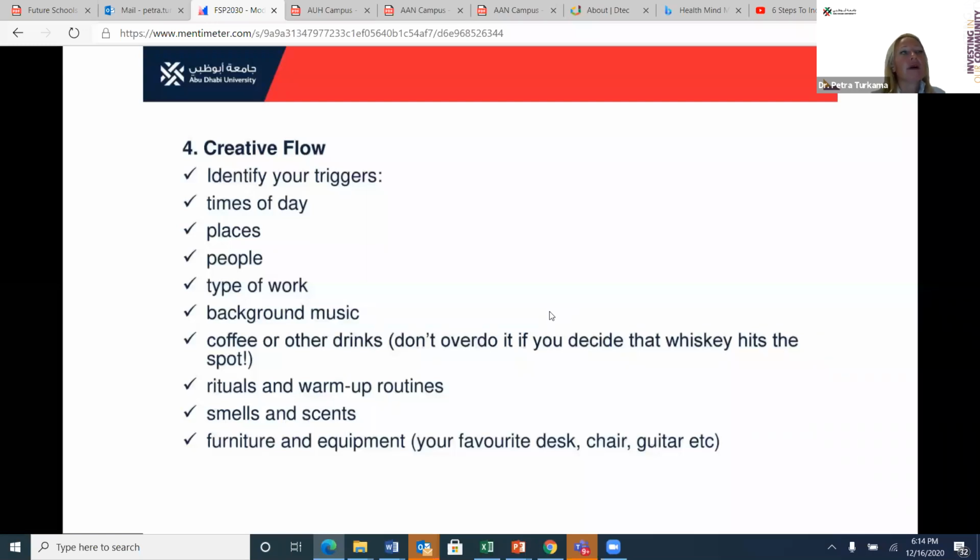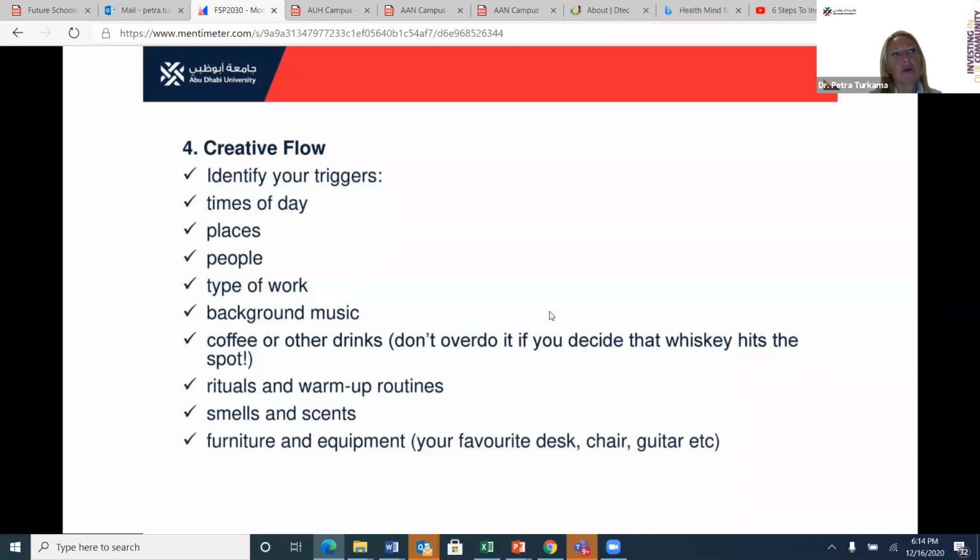So thinking about it on an individual level, you can think, where do I usually get ideas? Do I get them when I'm doing yoga, or when I'm going for a walk, or when I'm driving to work? Is it when I talk to some people? Is it a bit of background music? Do I need that sugar or coffee? How about warm-ups? Do I have to do something before I can get to it?